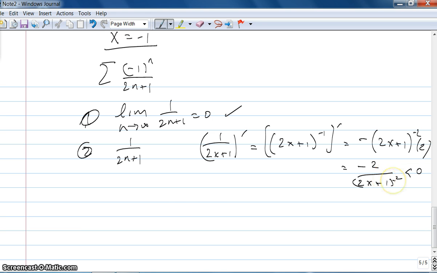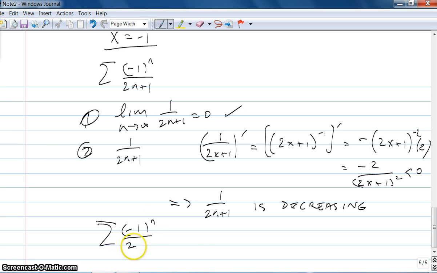So it's definitely less than 0, which implies that 1 over 2n plus 1 is decreasing. So this passes the alternating series test, so this converges. Negative 1 to the n over 2n plus 1 converges. Okay, so that's the left endpoint, negative 1. That converges.